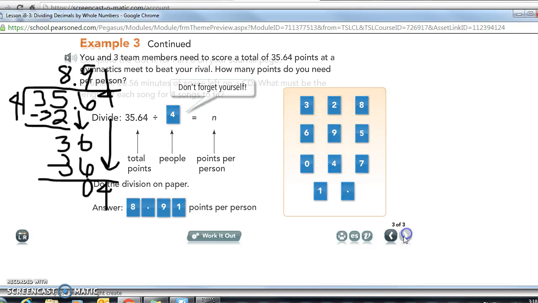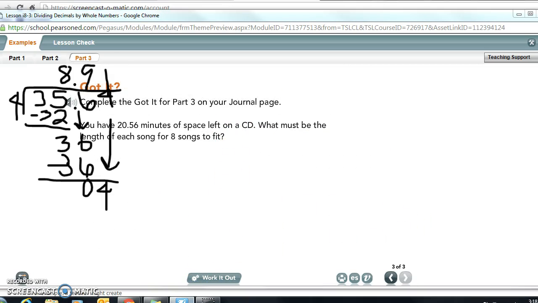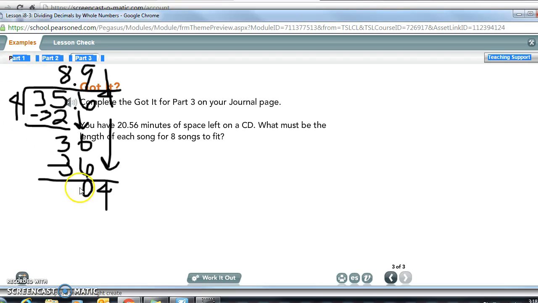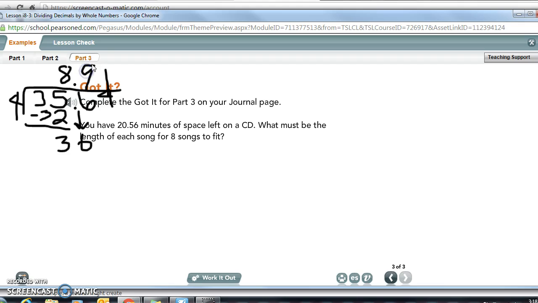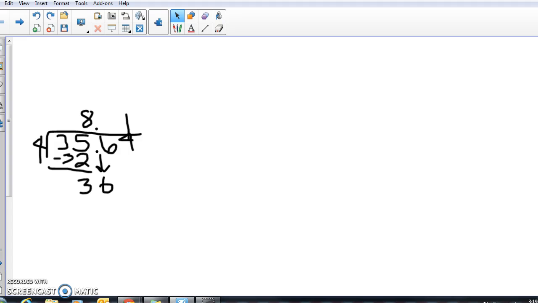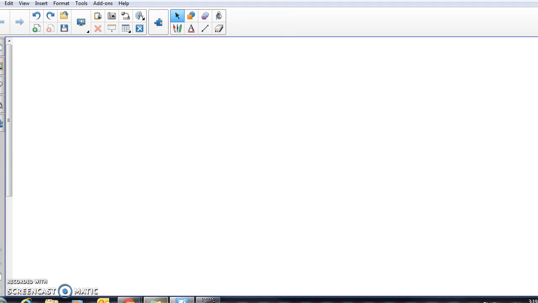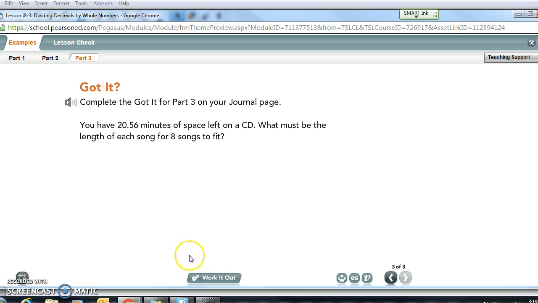And let's try this next problem. For this last one, I'm going to have you solve it by yourself, put a star next to it on your paper, and call me over when you are done. I will then dismiss you to start your homework as soon as I see this on your notes correctly identified. So, the problem states, you have 20 and 56/100ths minutes of space left on a CD.